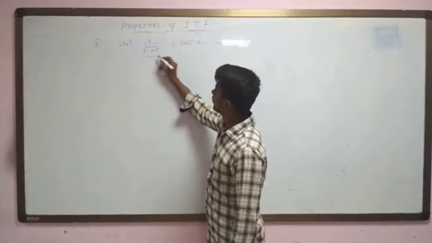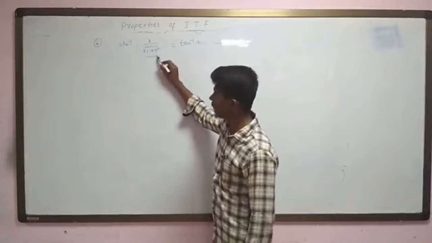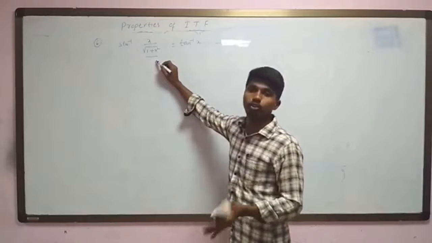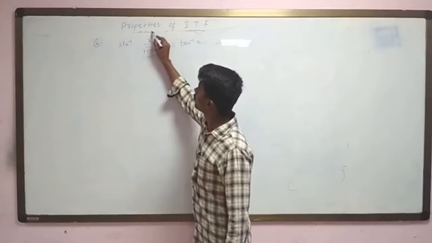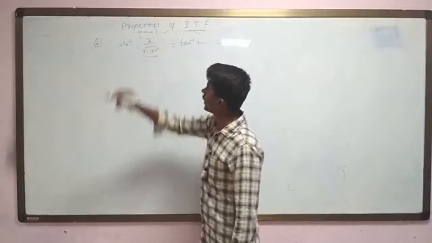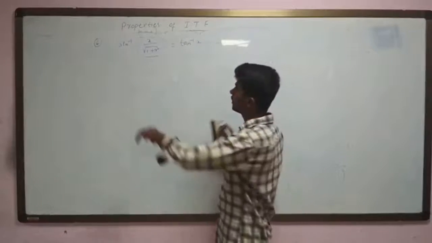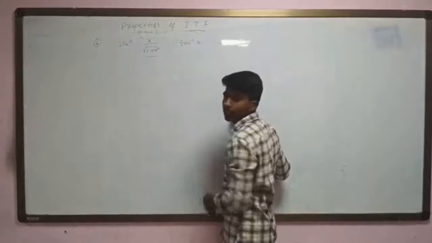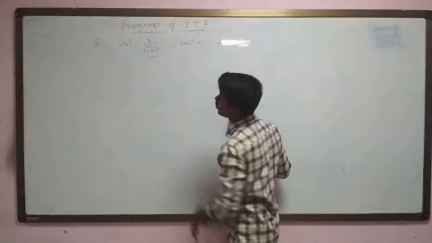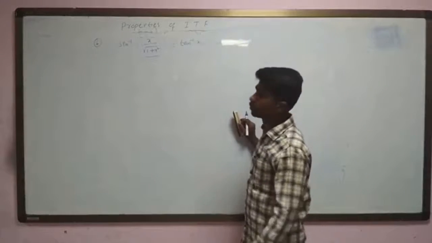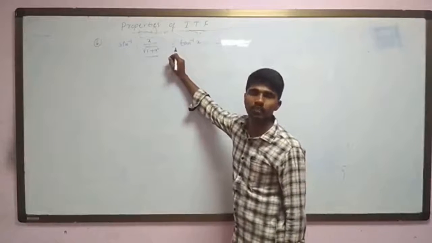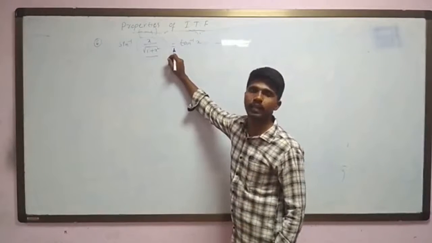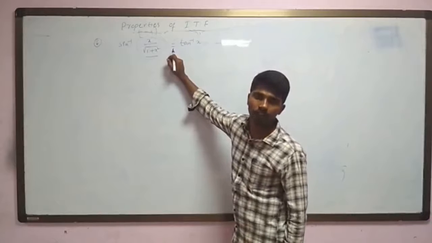Sin inverse of something we have. This something should belong to its domain. So this entire part should belong to minus 1 to 1. It should lie in between minus 1 to 1. Whatever value I substitute in place of x, do I get an improper fraction or a proper fraction?